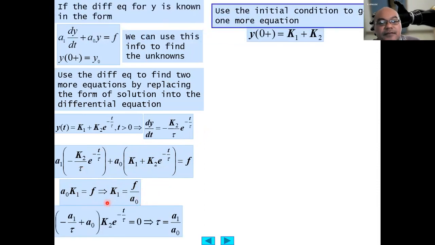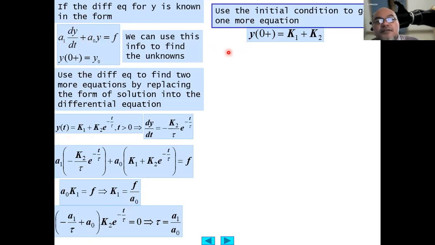Also, minus A1 over tau plus A0, times k2 exponent minus t over tau, will be equal to 0, with tau equals A1 over A0.